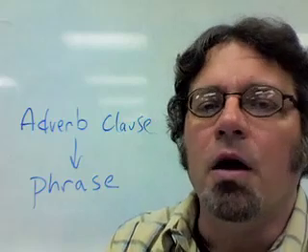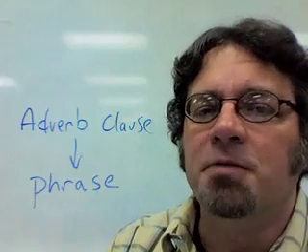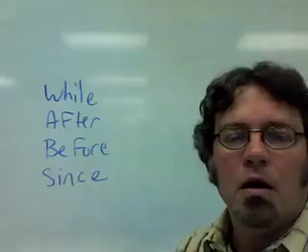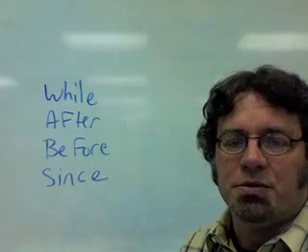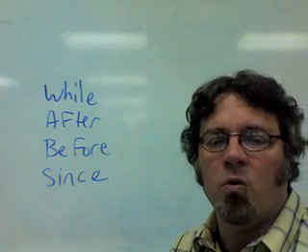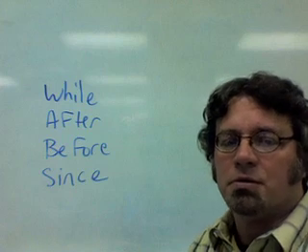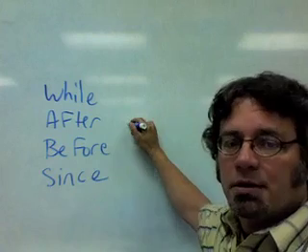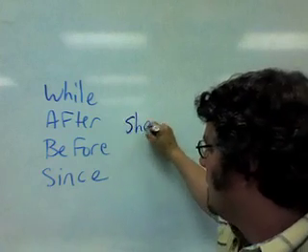In this video, you'll learn how to change an adverb clause to a phrase. Most adverb clauses use words like while, after, before, or since, followed by a subject. Let's use she.